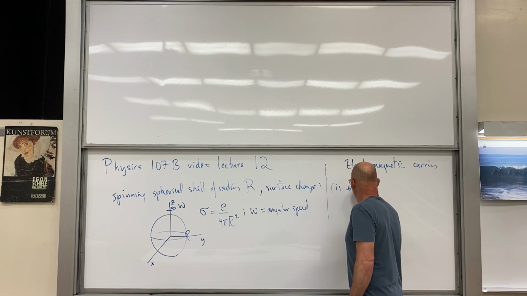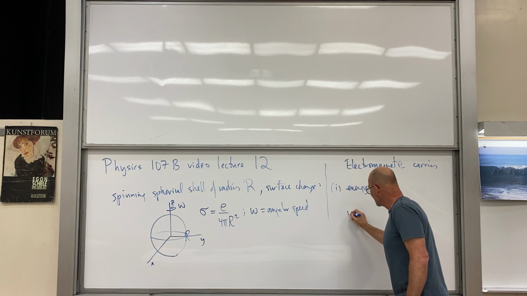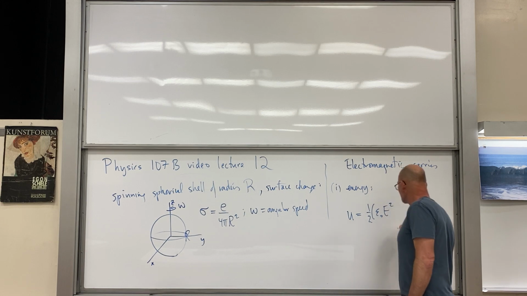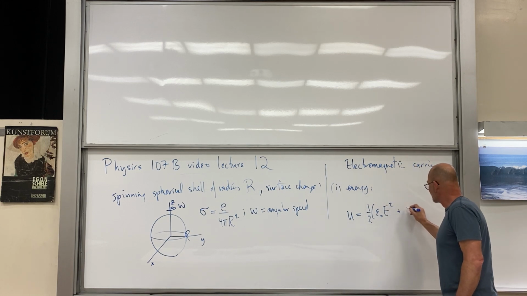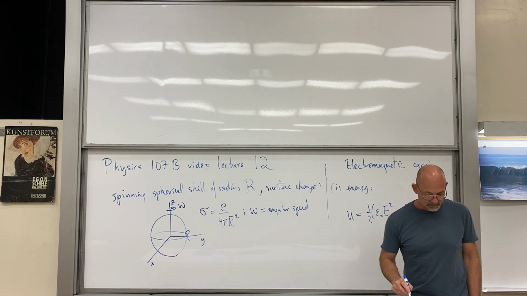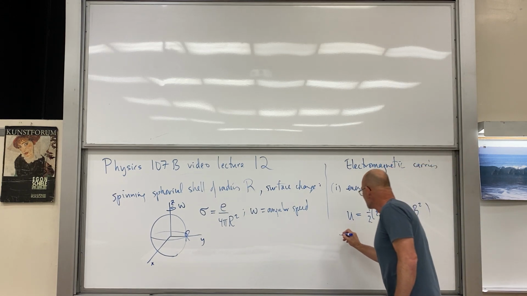So energy, and we had an energy density: one half epsilon naught electric field squared plus 1 over mu naught magnetic field squared. We had linear momentum.